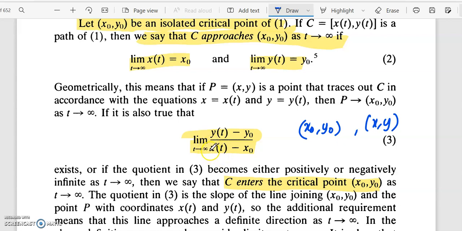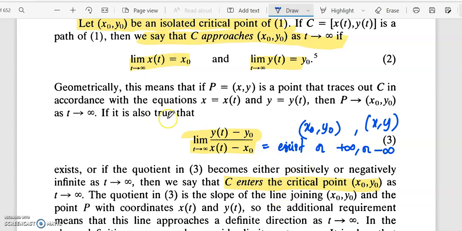Now if this limit exists, or if the limit is either plus infinity or minus infinity as t tends to infinity, we say that c enters the critical point x0, y0.